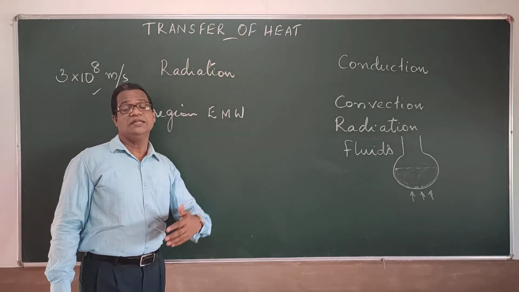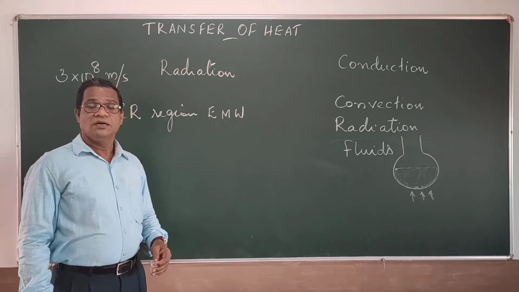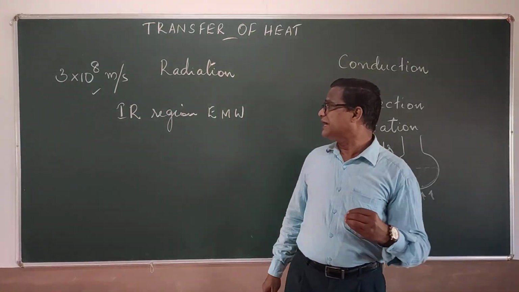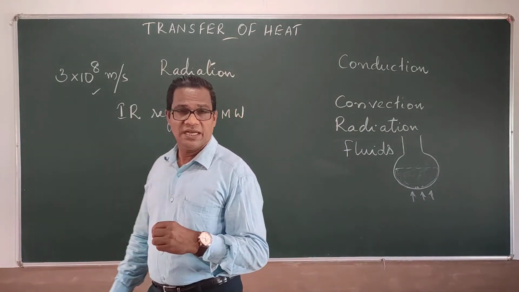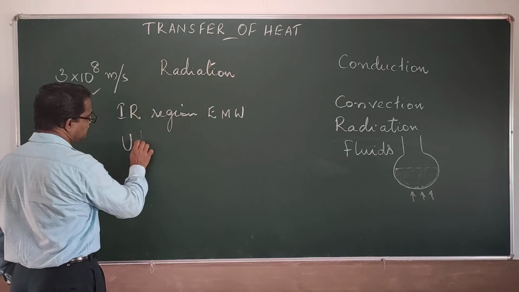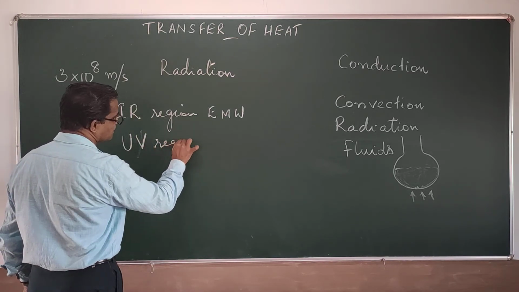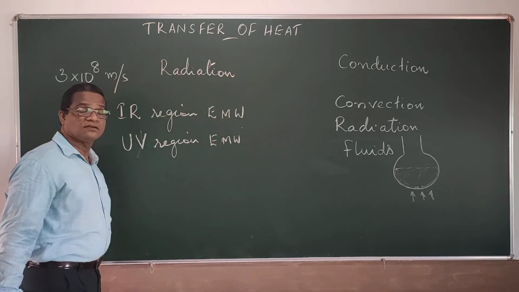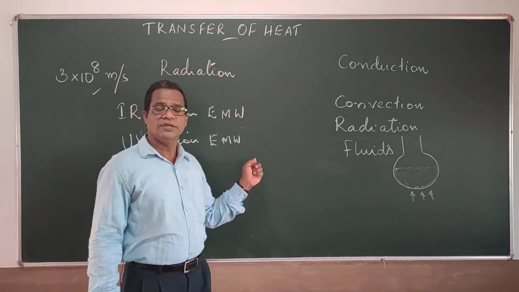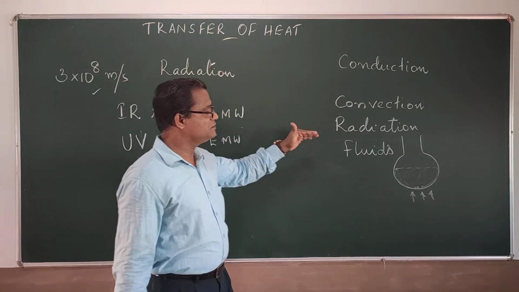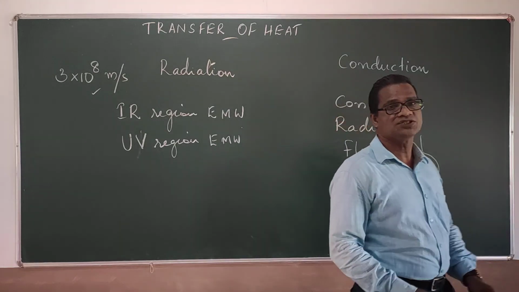But sunburn and all, which is due to the strong radiation, comes in the ultraviolet region of the electromagnetic wave spectrum. Okay? So these are basically 3 different types of heat transfer possible.